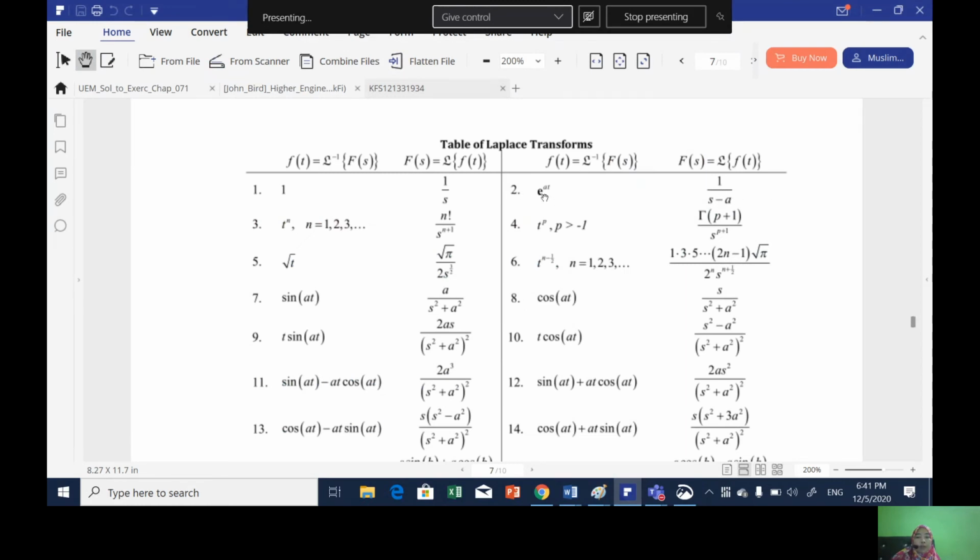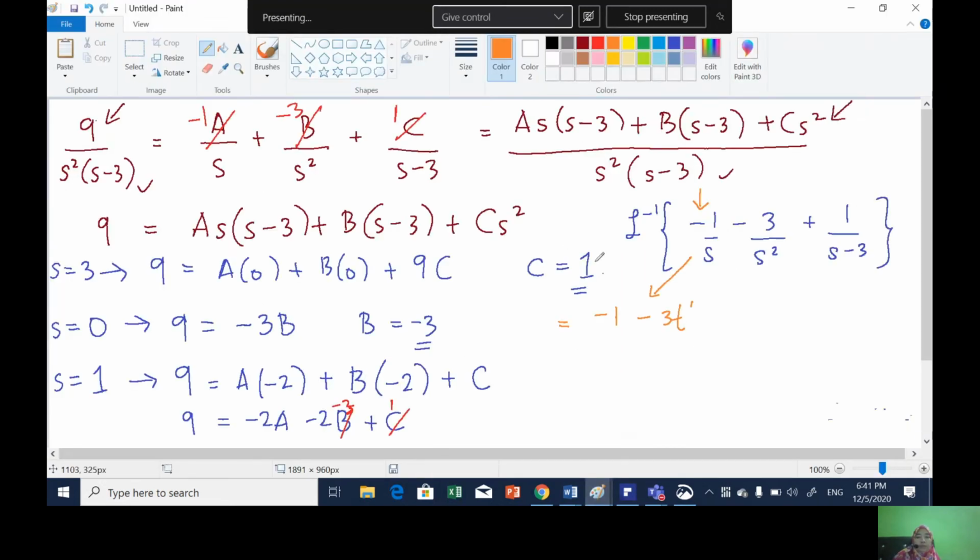So we have e to the power at, where a is 3. So our solution will be y equal to negative 1 minus 3t plus e to the power 3t. So this is the solution for the given second order differential equation.